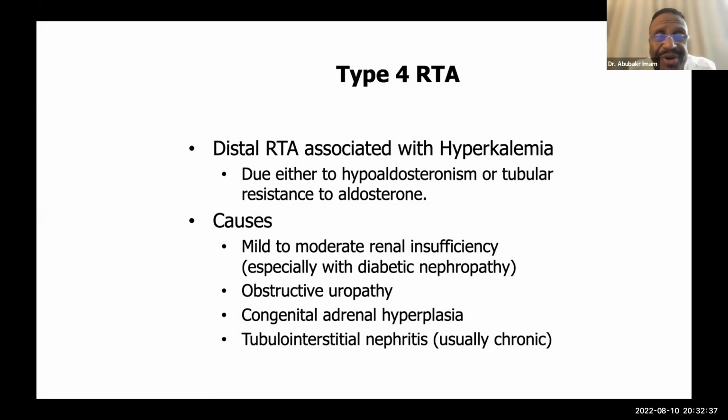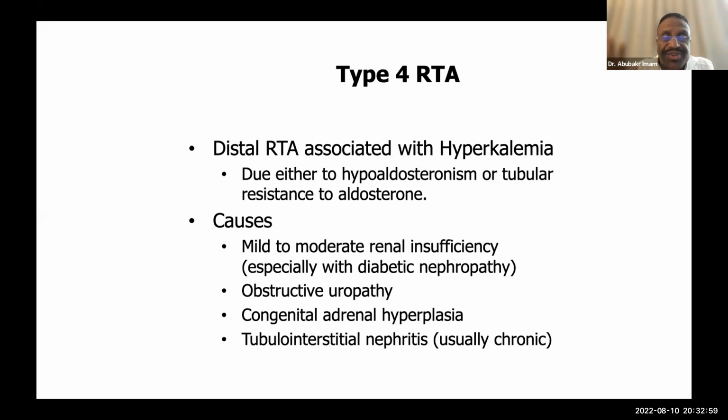However, type 4 is associated with hyperkalemia due either to hypoaldosteronism or tubular resistance to aldosterone. The causes are mild to moderate renal insufficiency, especially diabetic nephropathy patients, and obstructive uropathy patients with posterior valve obstruction.